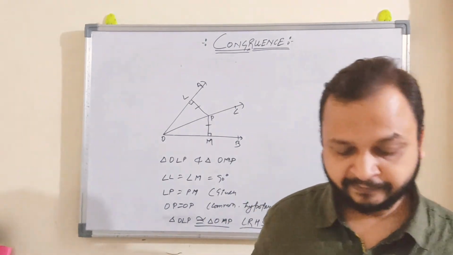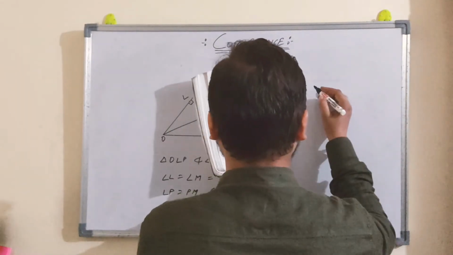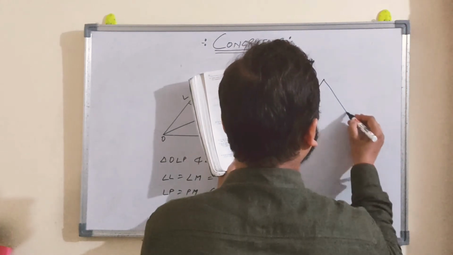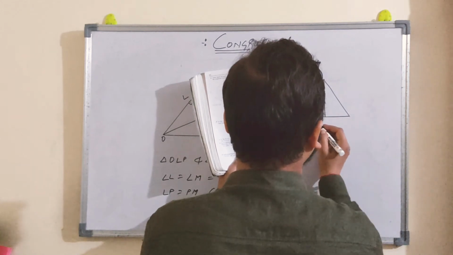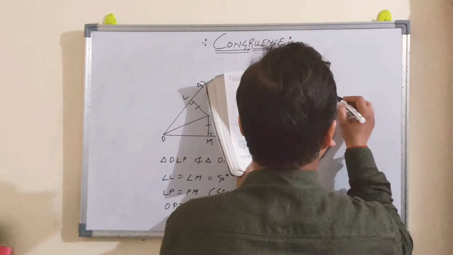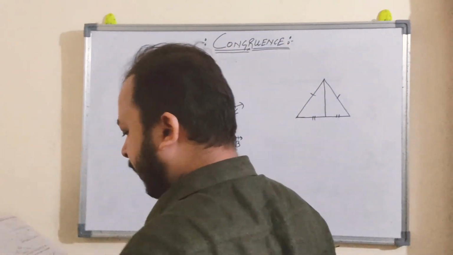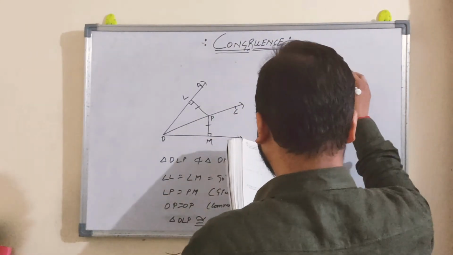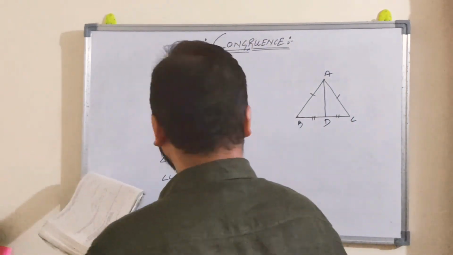In question number 5, in the adjoining figure, it is given as, this is the figure actually, something like this. You have to prove that these two triangles ABD and ACD are congruent.